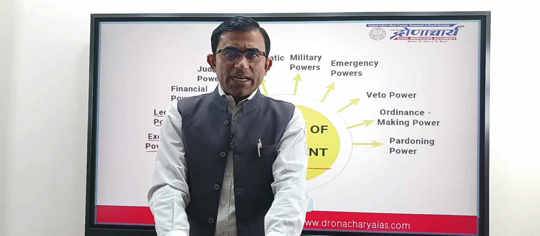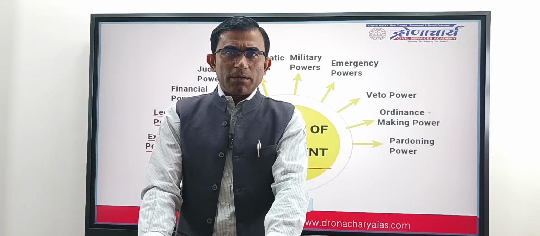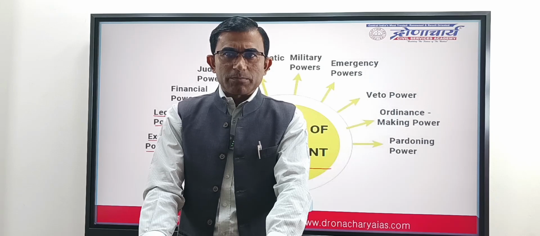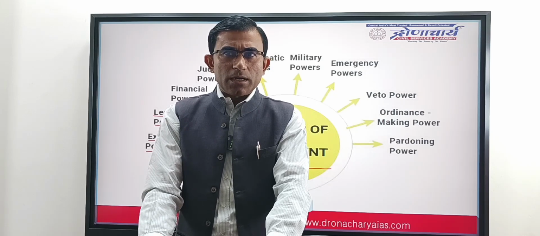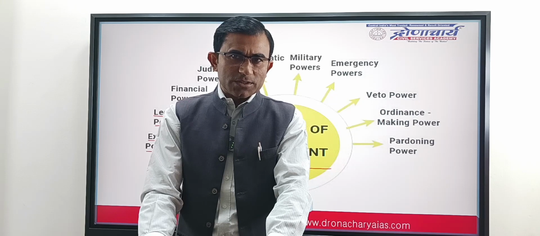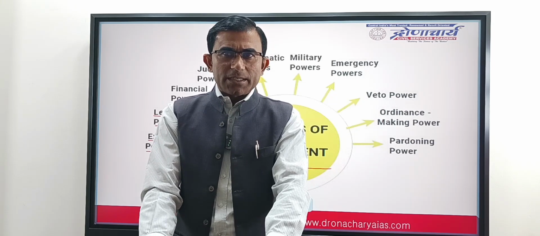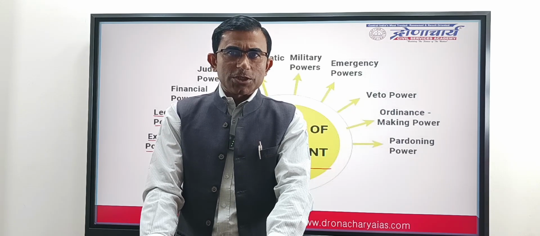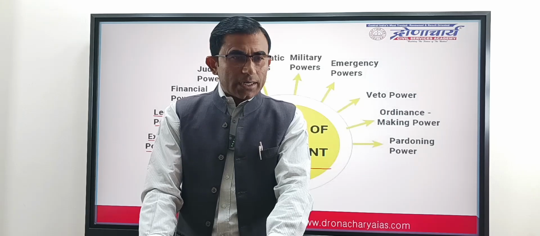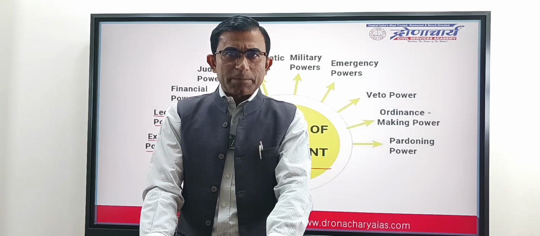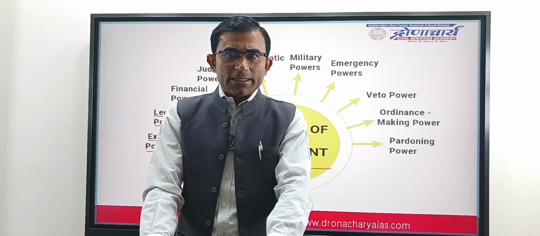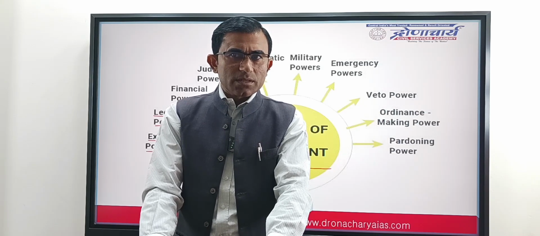The President of India has the power to nominate 12 members to the Rajya Sabha who have made extraordinary accomplishments in the fields of science, art, literature, and social service. The President has the power to send a bill back to the Parliament unless it is a money bill or a constitutional amendment bill. Under Article 108, the President can call a joint sitting of both Houses. He does not preside over the joint sitting.